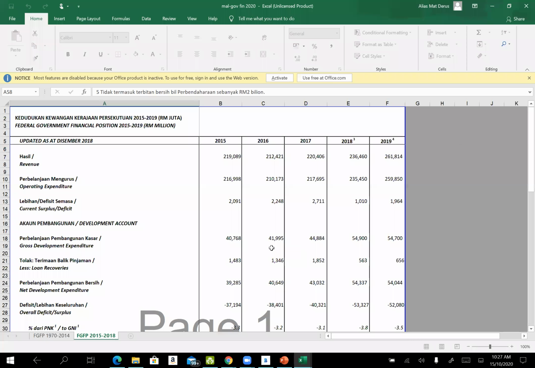Now make the comparison between these three: the revenue, the operating, and the development, and then compare the revenue to the components of the total expenditure, which is the sum of these two, which we already computed, and to the total expenditure. What can you say?